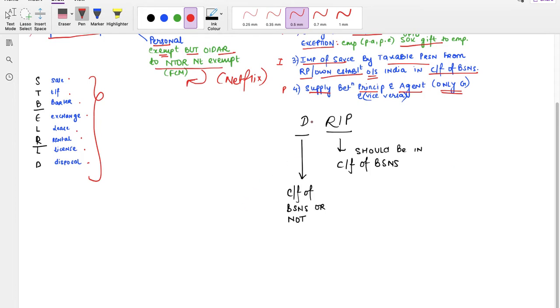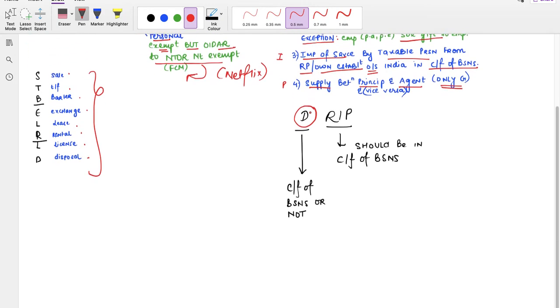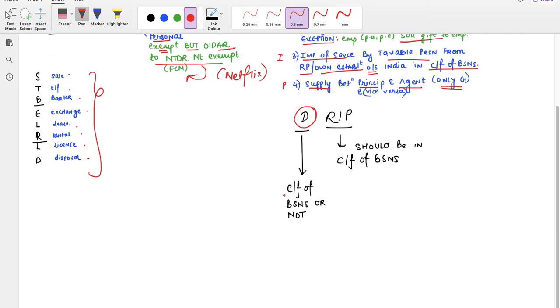Now, for DRIP, in case of permanent disposal of business asset, whether it is in the course or furtherance of business or not, it will still be a supply. But in case of RIP, that is related party, distinct person, importation of service by taxable person, and principal and agent, then it should be in course and furtherance of business.